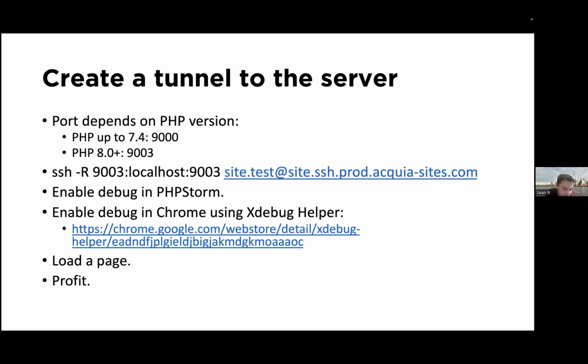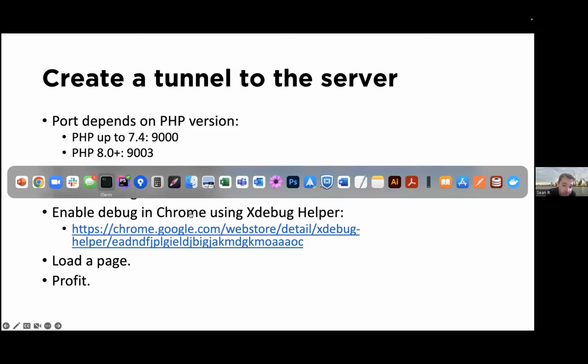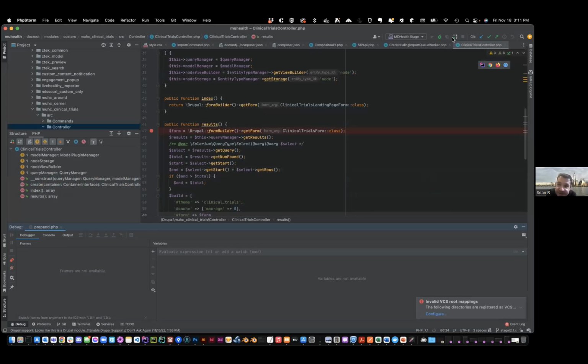So the next thing you would do is enable xdebug in PHPStorm, which, where did my window go? That is this button here. I don't know, can you see that with the tooltip?